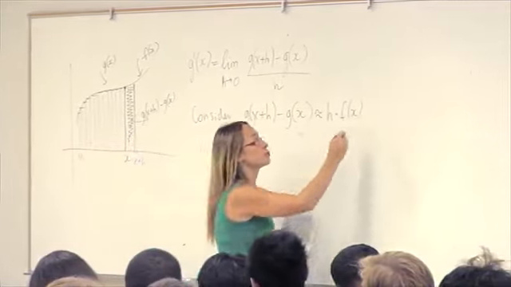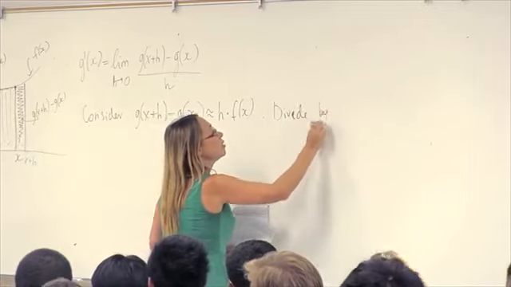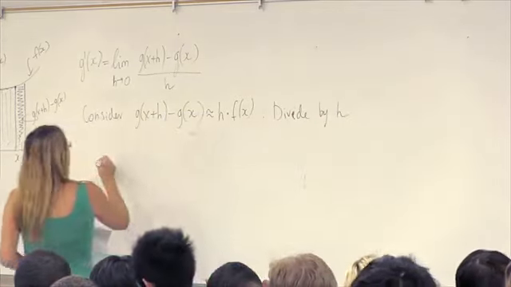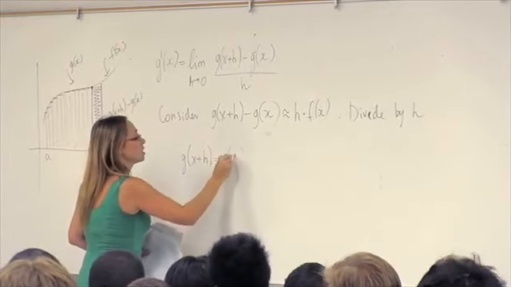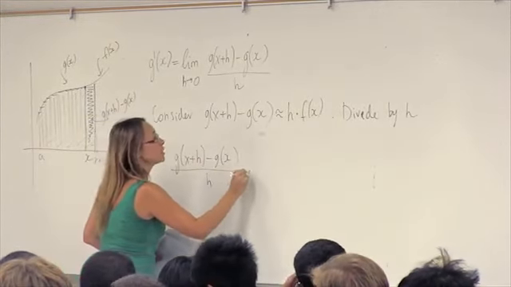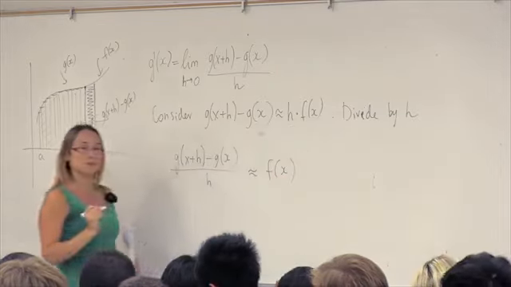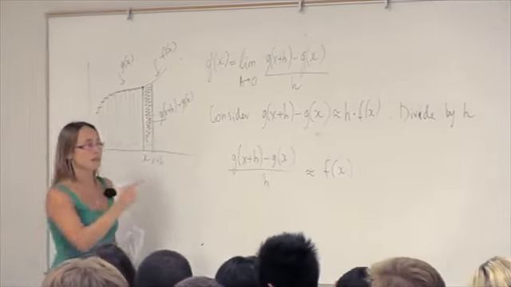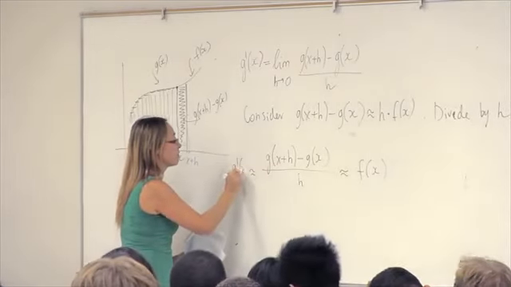Now I'm going to divide both sides by h. So I have g of x plus h minus g of x, over h, is approximately equal to f of x. And this is approximately g prime of x.